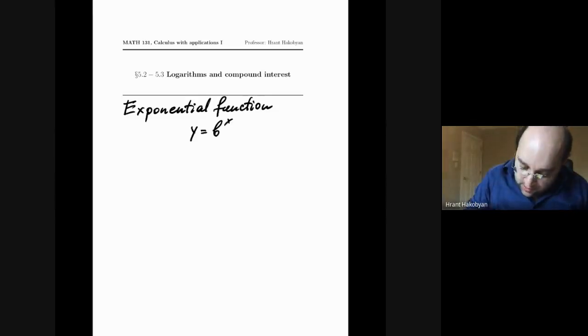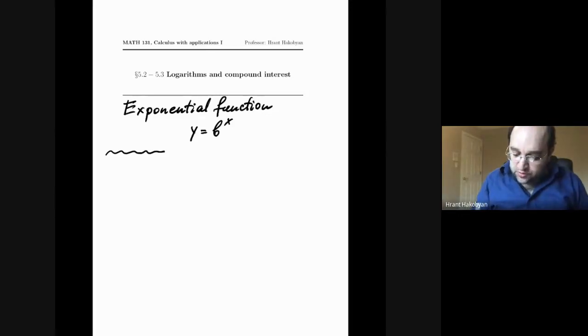And logarithms are what we're going to learn today. They are a way to solve for x in this equation. If you have a number and you know what it is, how do you find this power?